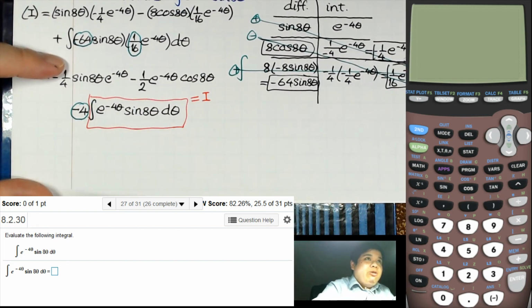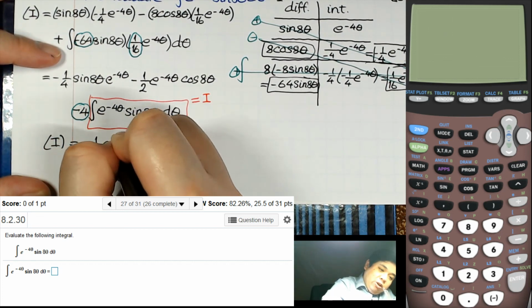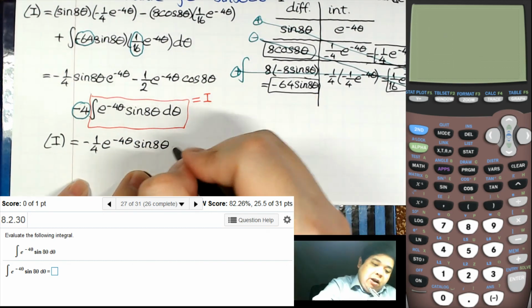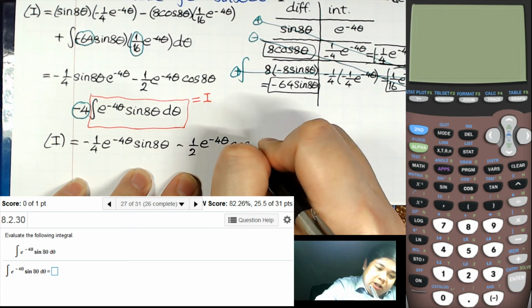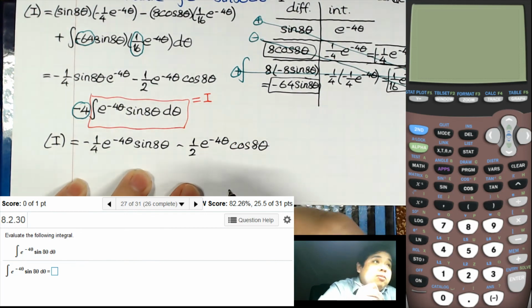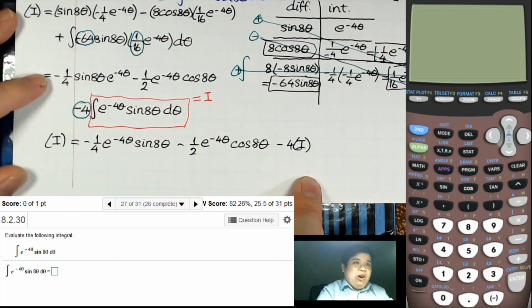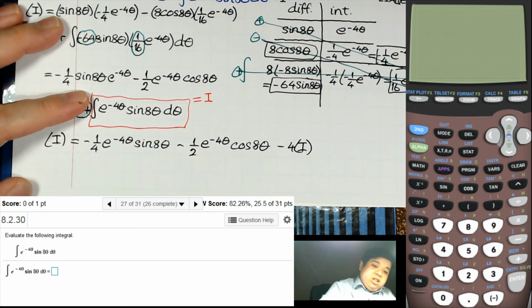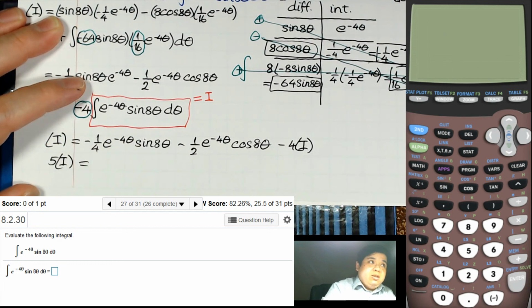So let's rewrite this from both sides. I equals negative 1 over 4 e to the negative 4 theta sine of A theta, minus 1/2 e to the negative 4 theta cosine A theta, and then minus 4I. Then definitely we can solve for I. The reason this one is nice is because we start with I and we end up with also I. So we can move this to the other side, 5 times the integral, plus 4 of them on both sides.